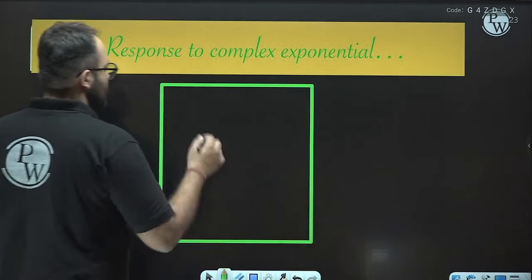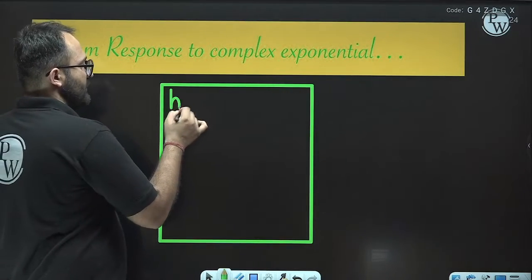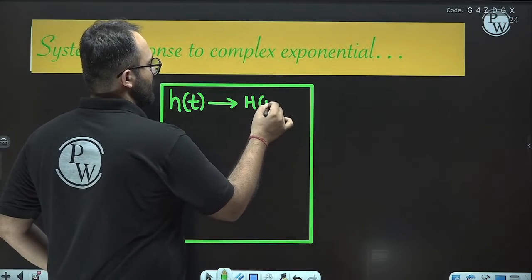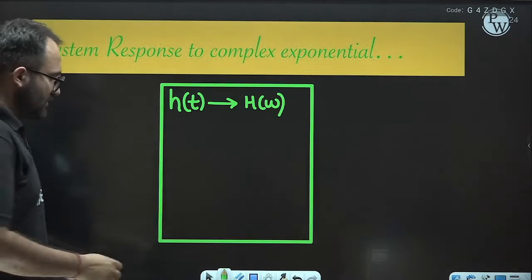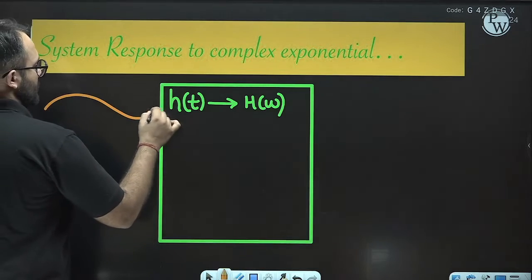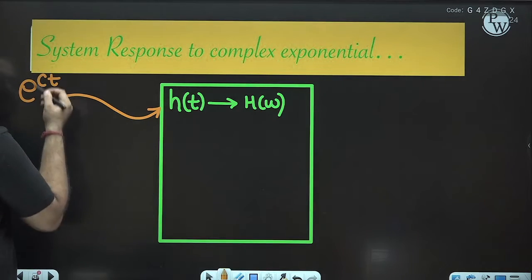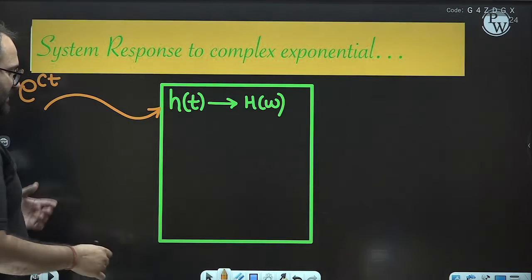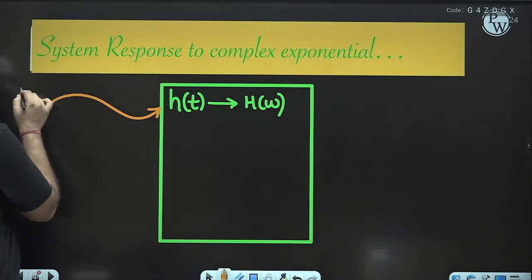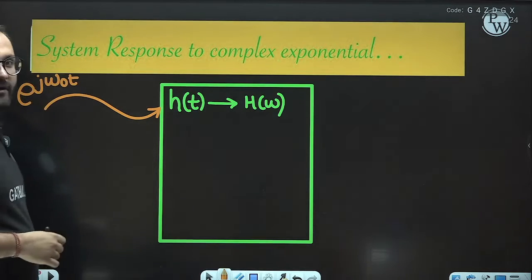Suppose we have any filter, LTI filter or LTI system h(t) and it has Fourier transform or frequency response H(omega), and we are giving input x(t) of this format, e to power ct, or better to write it as e to power j omega naught t.